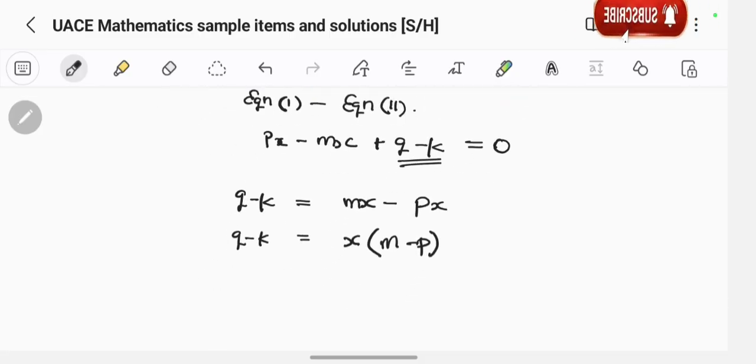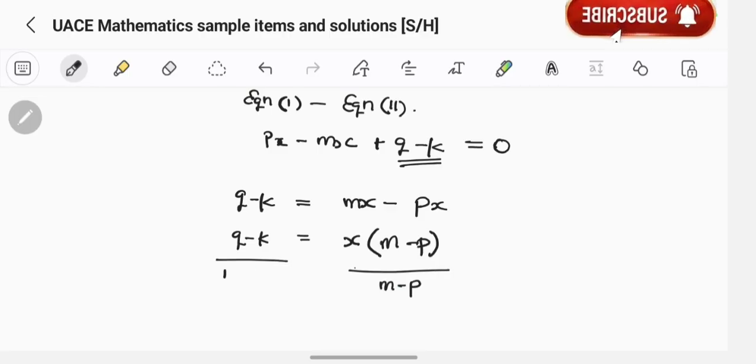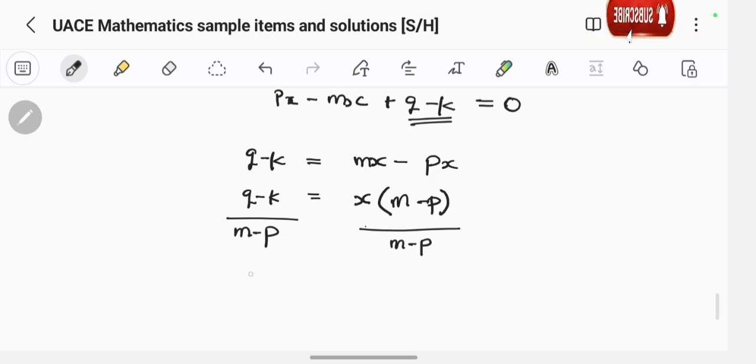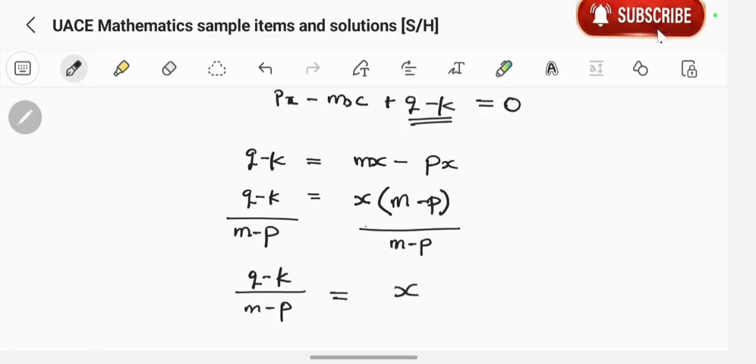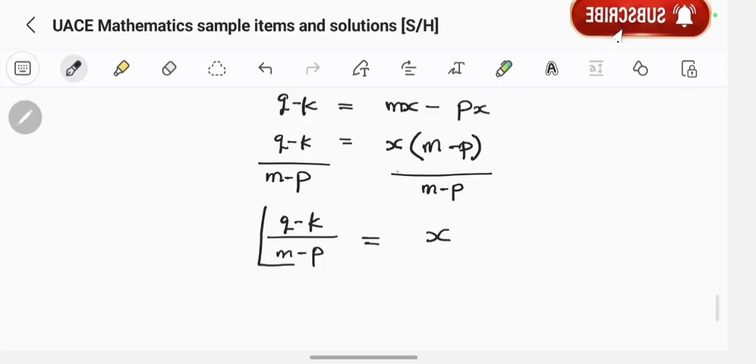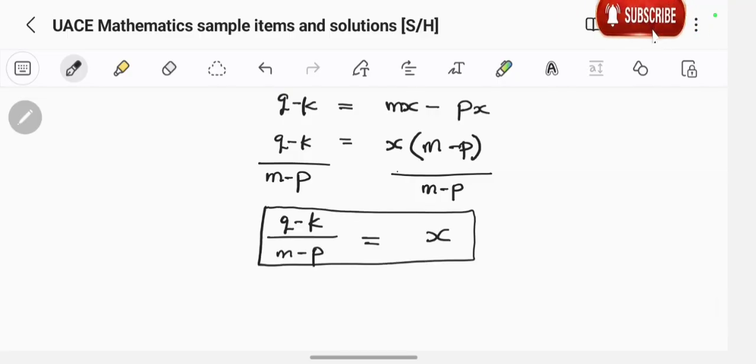Later on, try to move this side, so divide by m minus p. So it's going to be q minus k, divide by m minus p is equal to x. So we first leave this here.